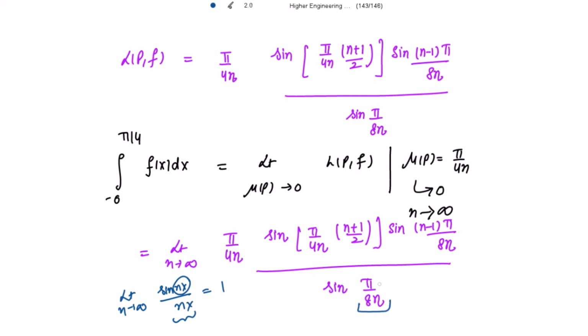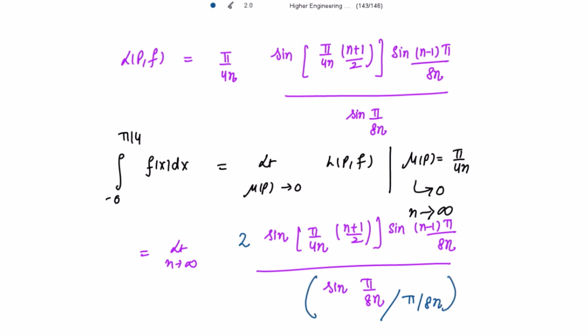I'm having here angle pi divided by 8n, so I need to multiply and divide by pi divided by 8n. But I'm adjusting this. So just multiplying and dividing by 2, I'm getting 2 pi by 8n, which can be further written as, here there is 2 and we can write here in the denominator pi divided by 8n.